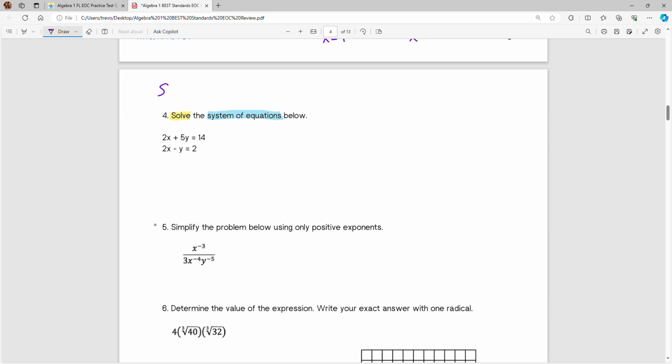It's where the two lines intersect, and these are both linear equations. So our solution, as we solve through this, is going to be an ordered pair.